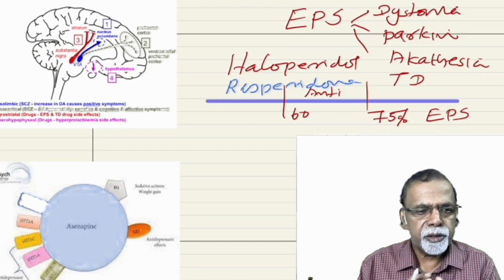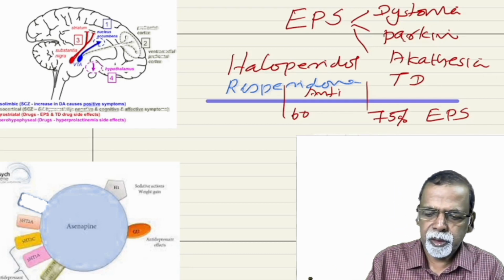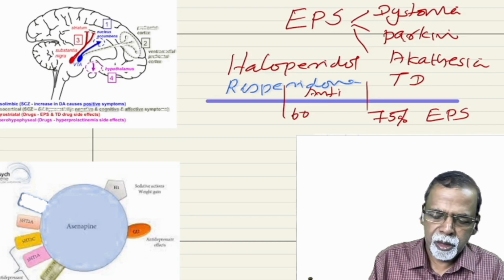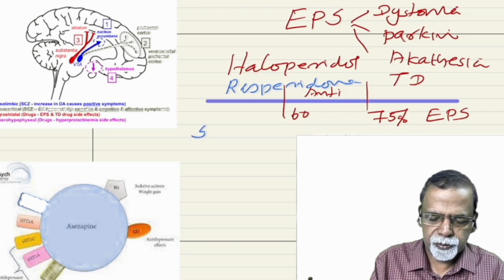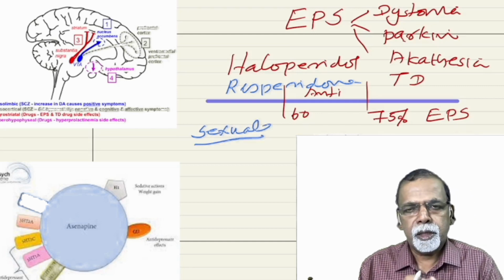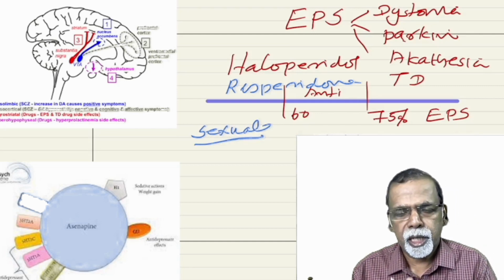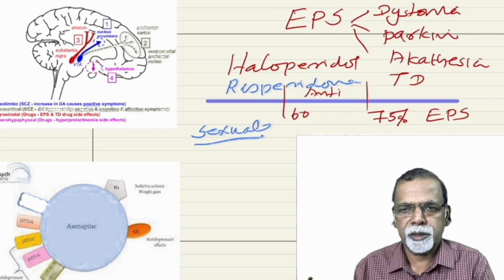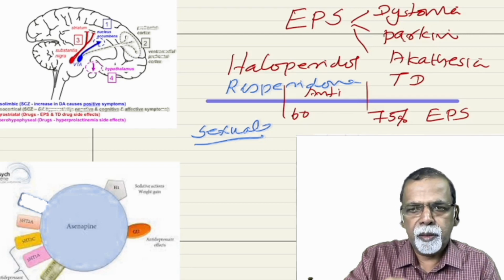The second side effect we should remember is sexual dysfunction. In females, this can produce galactorrhea and amenorrhea, which we have discussed last time. The mechanism of galactorrhea and amenorrhea is due to the blockage of the tuberoinfundibular pathway.